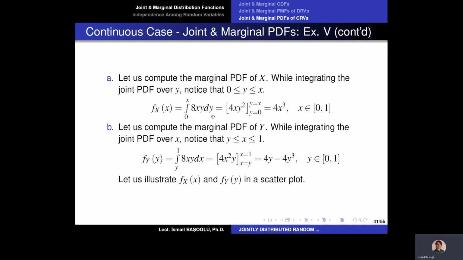We are going to squeeze the joint PDF through the y variable. So the integral operator will be dy. However, because the second random variable y can only take values between 0 and x, we need to integrate the joint PDF from 0 to x with respect to y. So y is the reason for that.